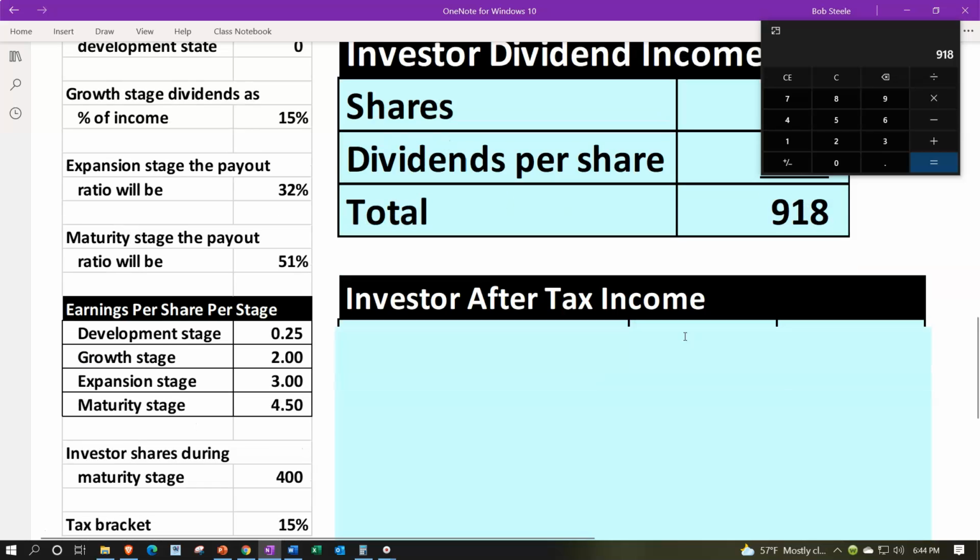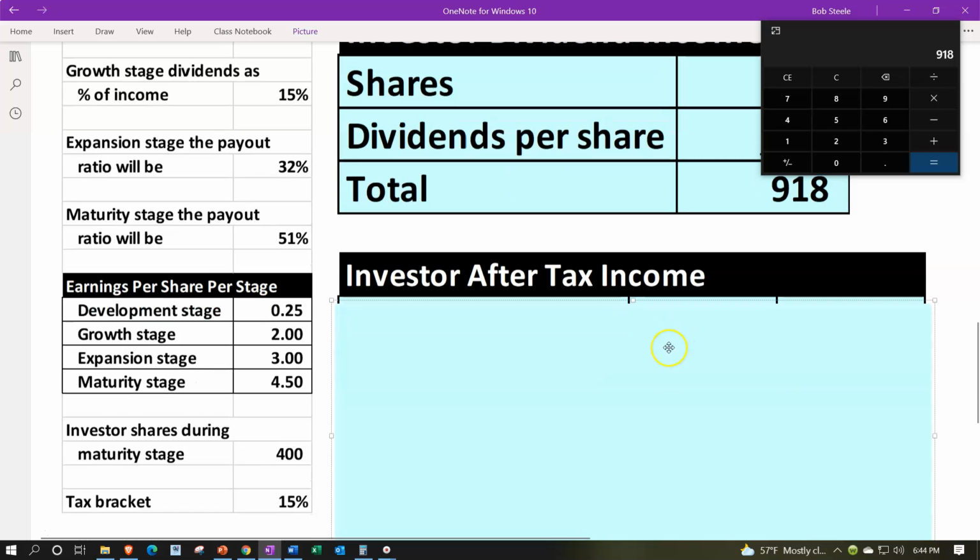Then we have the investor after-tax income. So what about if we take into consideration taxes? Note we're on the investor side of things, so we're considering this from the investor side. And also note that when the investor is getting income, income is usually bad for taxes, right? But due to the fact that it's dividends, they may be taxed at different rates than other income.